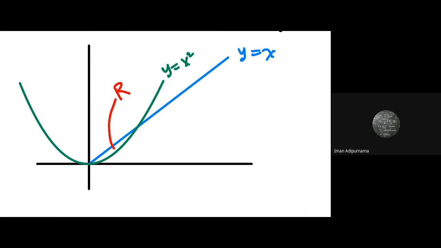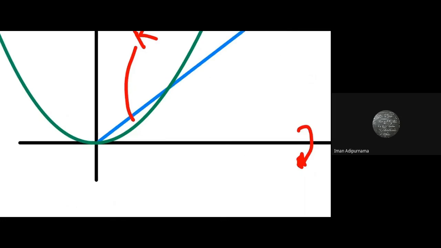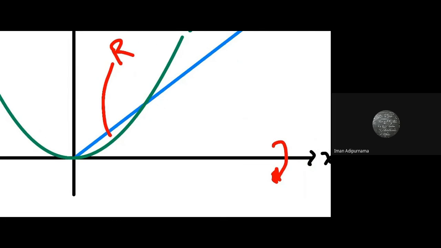Now we need to rotate the region about the x-axis. If we look at this small area here, we need to imagine what kind of solid results from the rotation.